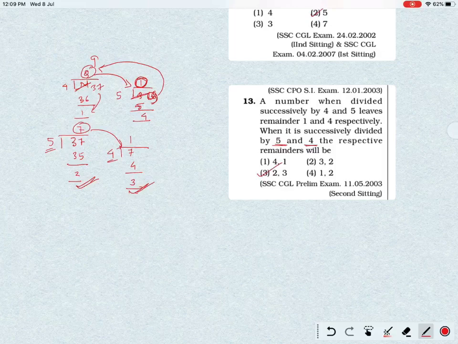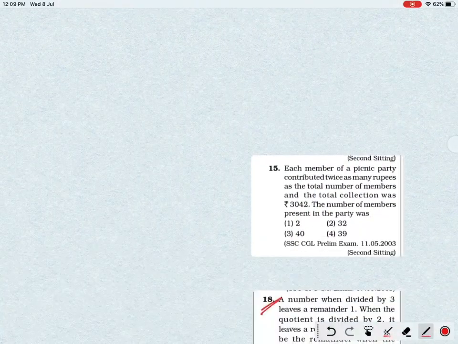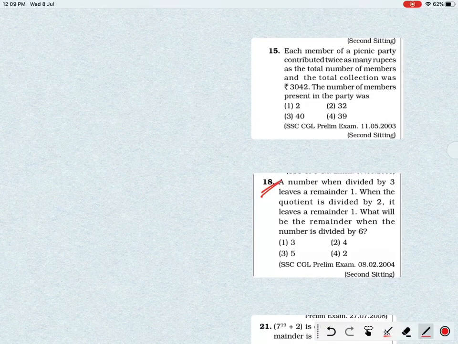Okay, I hope it's getting clear. Now moving forward. Each member of a picnic party contributed twice as many rupees as the total number of members, and the total collection was 3042. The number of members present in the party was?